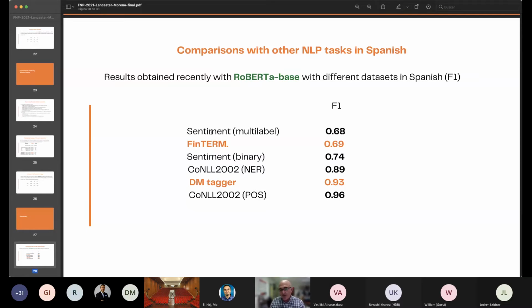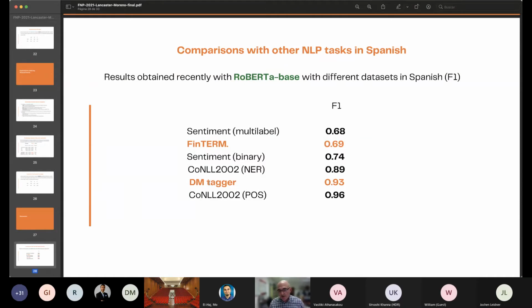If you are conducting sentiment analysis with 3 or 4 levels, we got the worst results. With our FinTER, we are almost like the sentiment analysis with 4 levels. The sentiment binary, you only have sentiment or no sentiment, you get better results. In the task of named entity recognition, with this RoBERTa base, you get almost 90%.